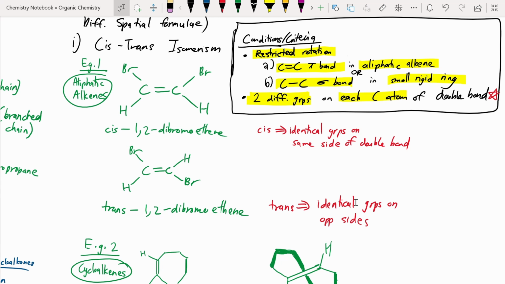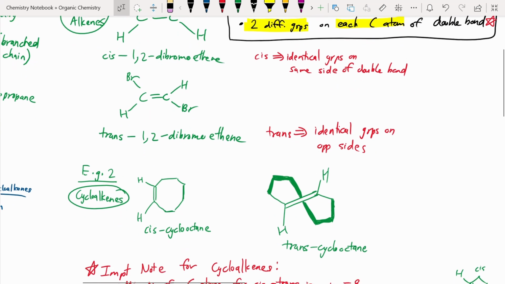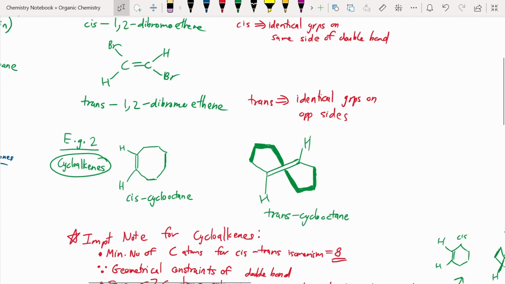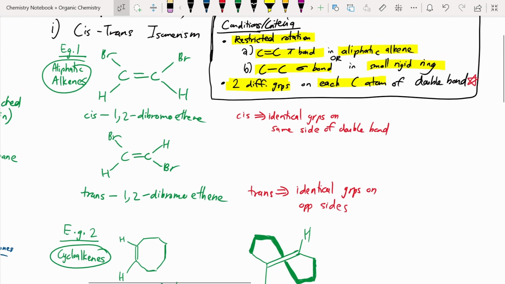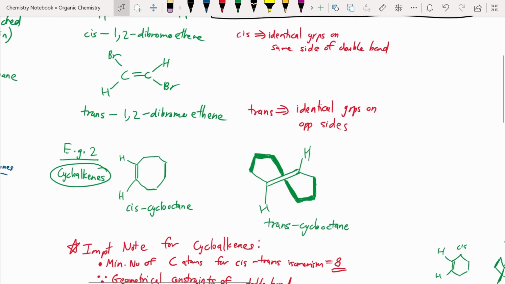Recap: cis refers to same side, so the identical groups will be placed at the same side of the double bond. So the two bromines are on top, two hydrogens below. Trans is identical groups on the opposite side, so it means bromine on top, one bromine below.